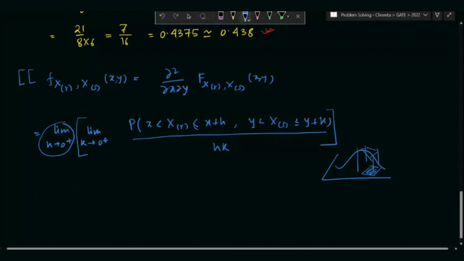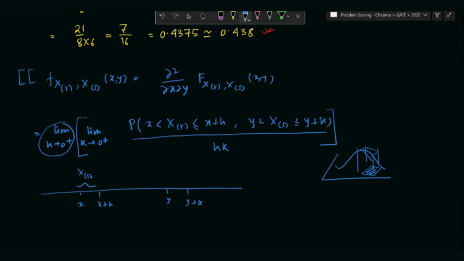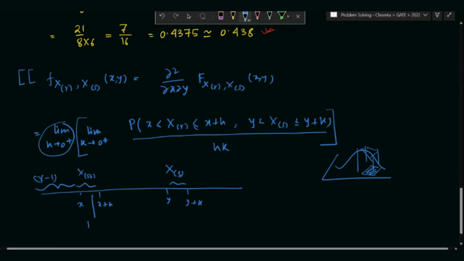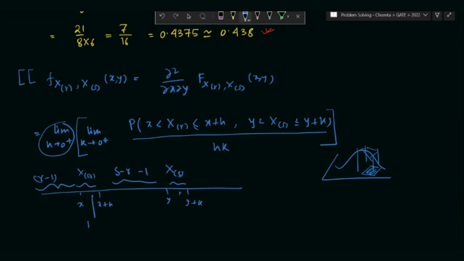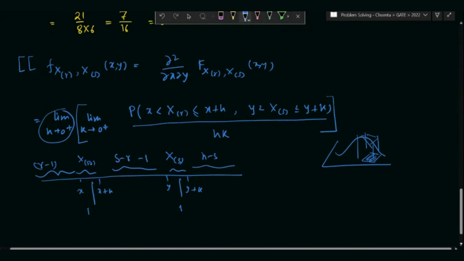So here it becomes a line, that is here x plus h, and here y plus k. Here lies X(r), and here lies X(s). So there are r minus 1 values here. This is 1 value. There are s minus r minus 1 values here. There is 1 value, and the remaining n minus s values are here. So we can arrange it and get the required density.